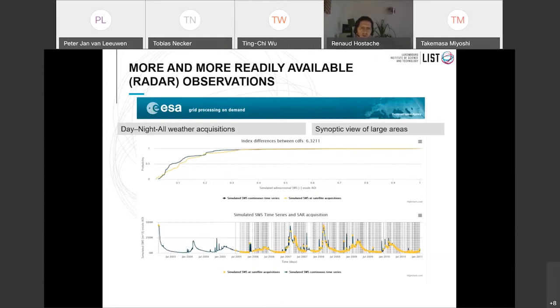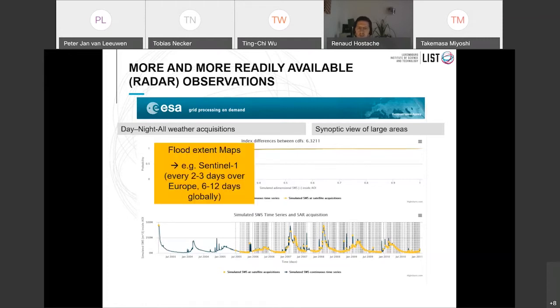And of course, they offer a synoptic view over a large area. You can see in this graph some examples of acquisition of SAR images for a given large basin, I think in Africa, and each yellow dot shows the acquisition of flood images. This highlights the fact that we now have many images and a large data set that can be leveraged for hydrological modeling.